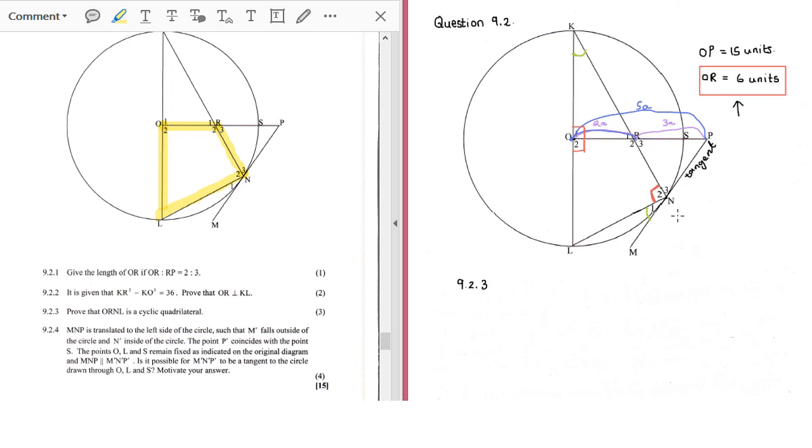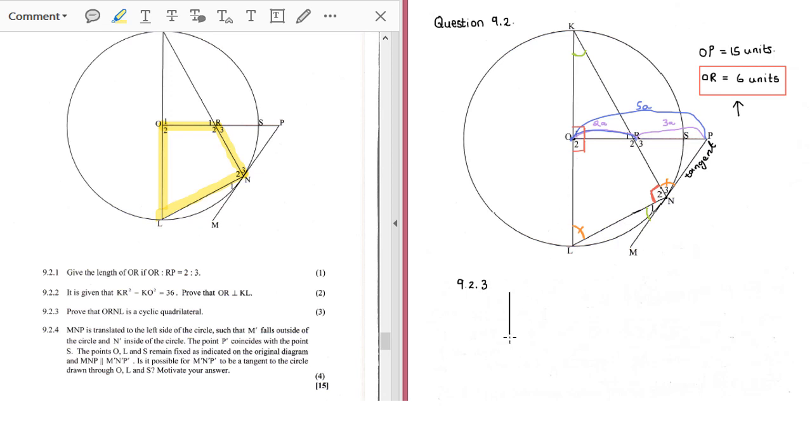On the other side, angle N3, by the tan-chord theorem as well, is equal to angle L. Hopefully you can see that we actually have two similar triangles. Which two triangles am I talking about? I'll draw them in the right orientation, the way they're drawn over here.